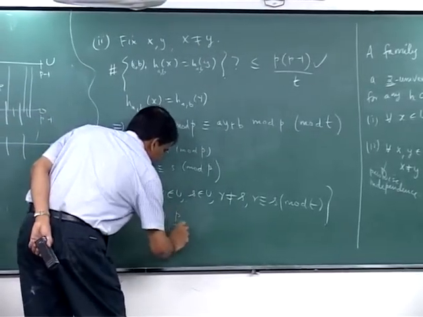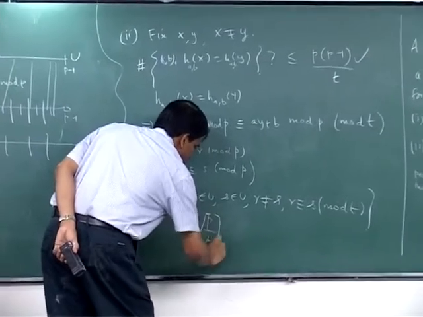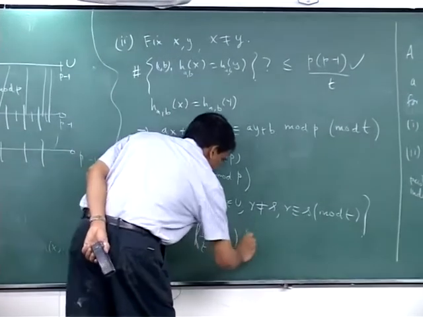More precisely, T by T ceiling minus 1, and this is at most.